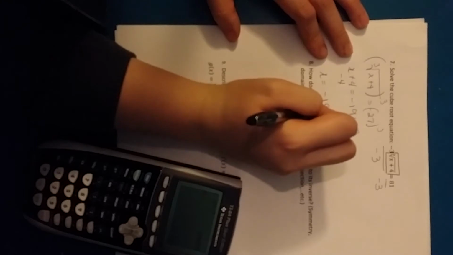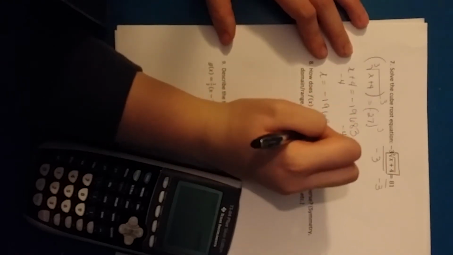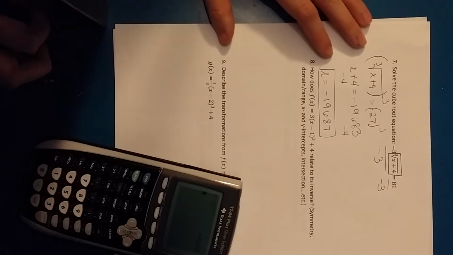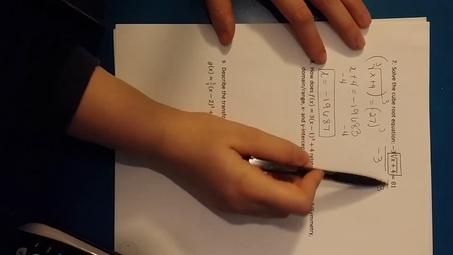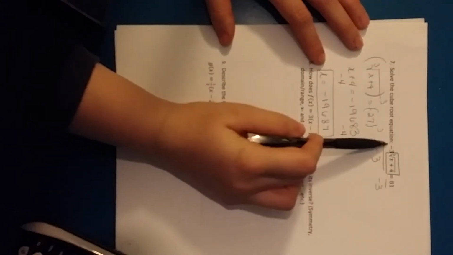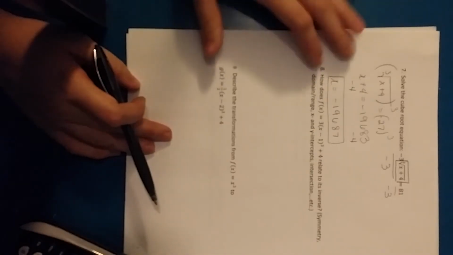I get -19,687. And I'm done. Cube roots don't have any extraneous solutions. It's all real numbers. I'm not worried about restricting my domain. So that has to be my answer.